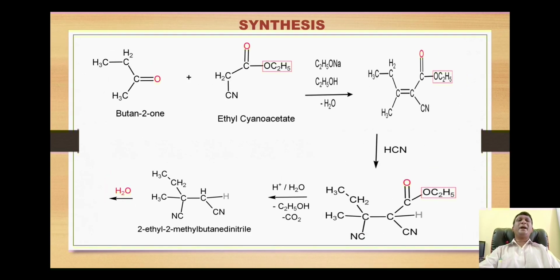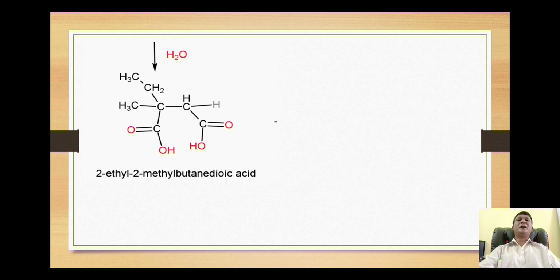So this butane dinitrile derivative on hydrolysis gives us the formation of corresponding dicarboxylic acid, which is called 2-ethyl-2-methyl butanedioic acid.